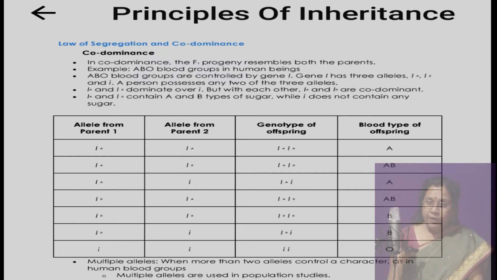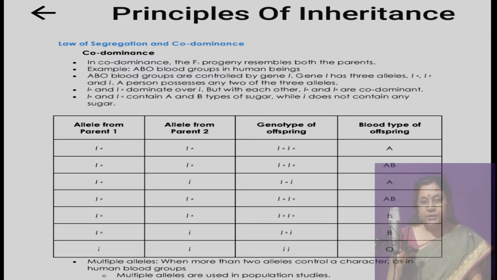But when IA and IB alleles are present together, they will express equally and produce the surface antigens A and B, whereas the antibody will be absent, and hence it is the factor of codominance.